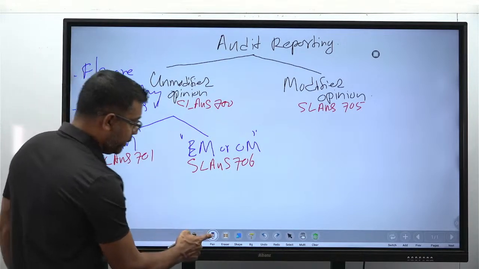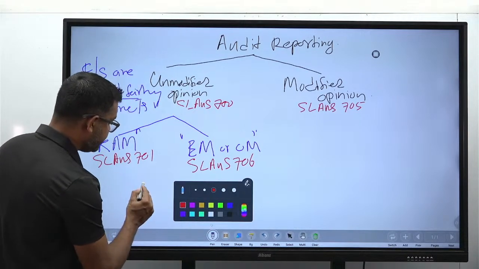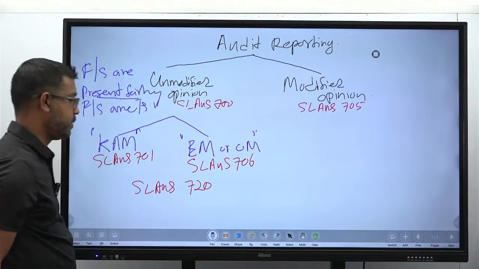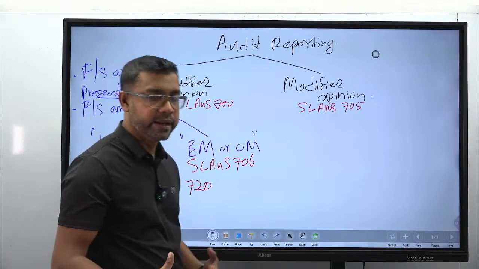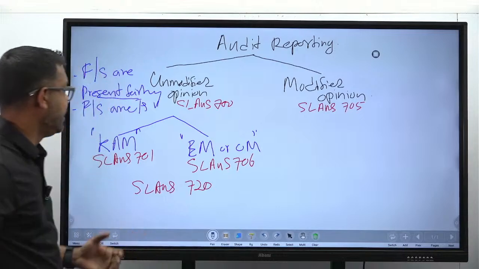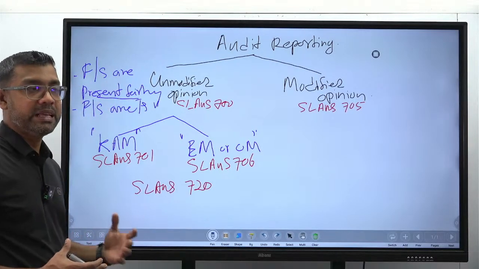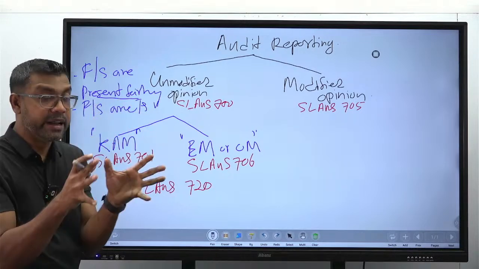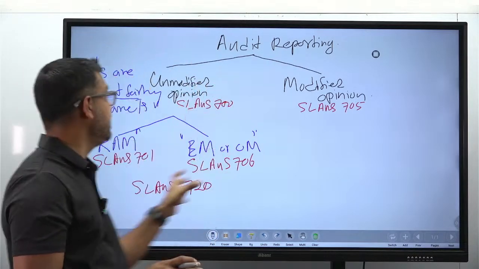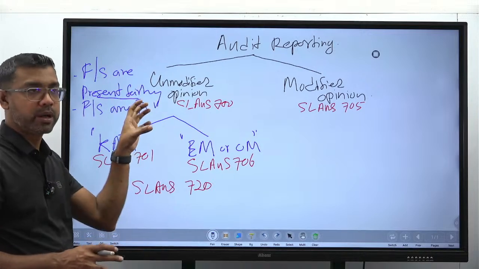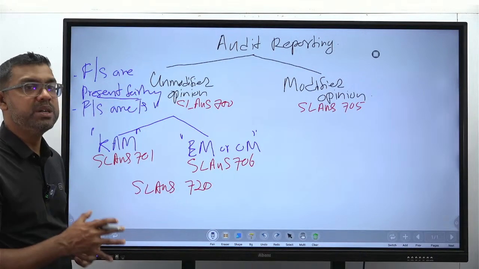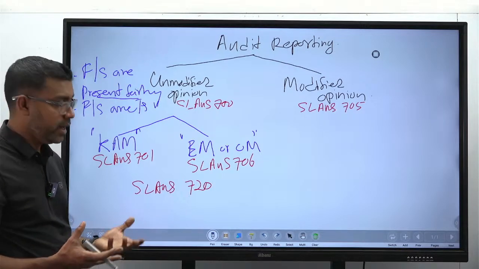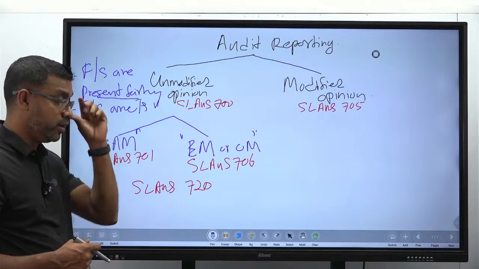On top of this, another standard is there, SLAUS 720. 720 is also a related standard for audit reporting. Let's say once you finalize your audit report, you are giving an opinion in that audit report based on the numbers in the balance sheet and the P&L. Let's say you have audited the P&L and you agree with the management's profit.